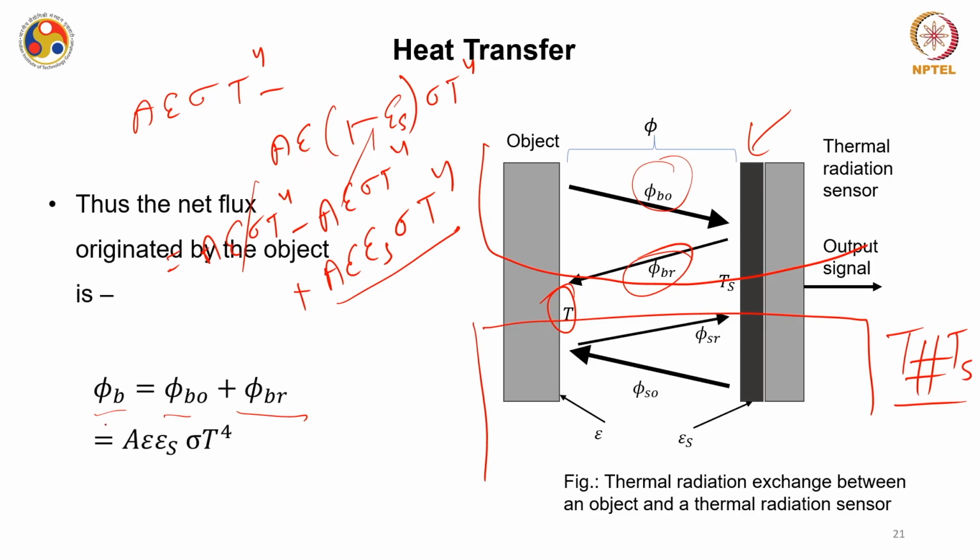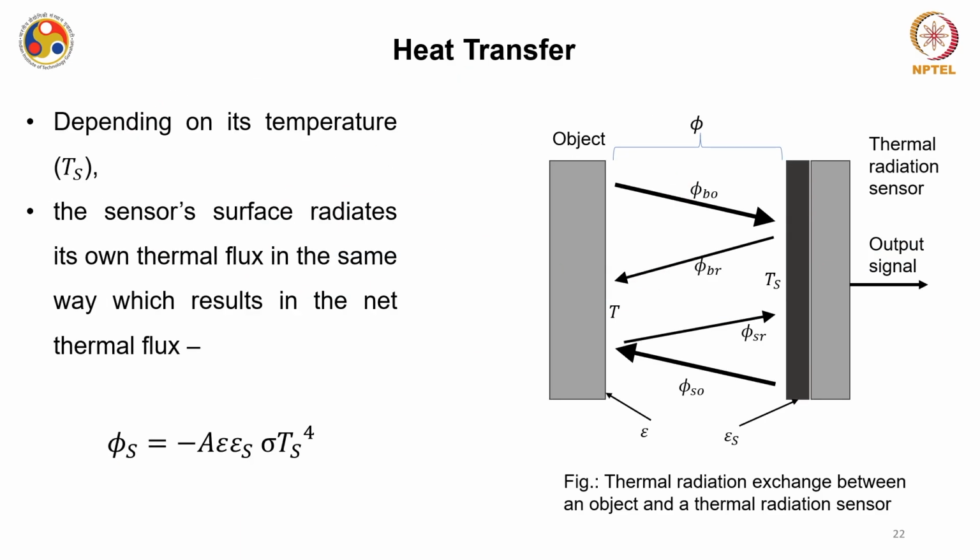So the net flux originated by the object is equal to A into emissivity of the object into emissivity of the sensor into sigma into T to the power 4. This is the net flux originated by the object if I take into consideration the reflected flux.